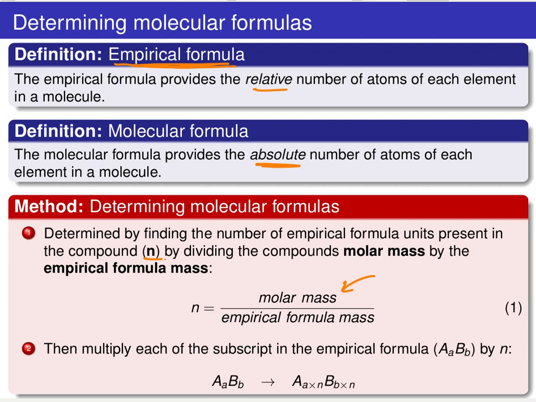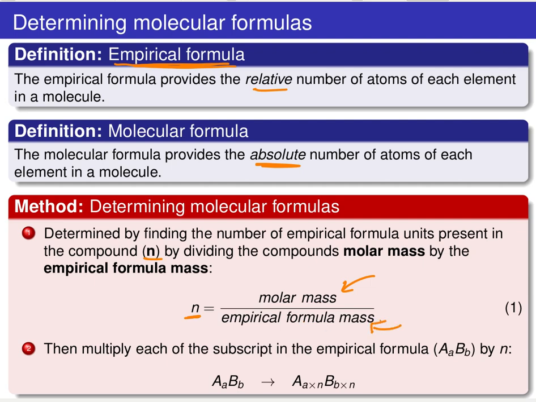And so if you have an empirical formula, then you know that the molecular formula is going to be some multiple of that empirical formula. So this integer n is defined as the molar mass divided by the empirical formula mass.